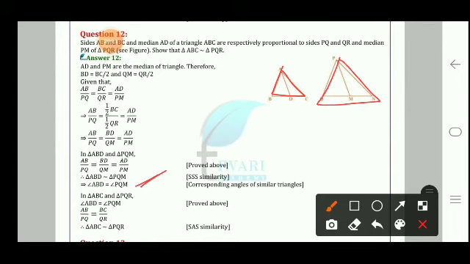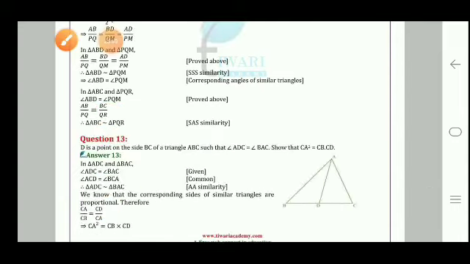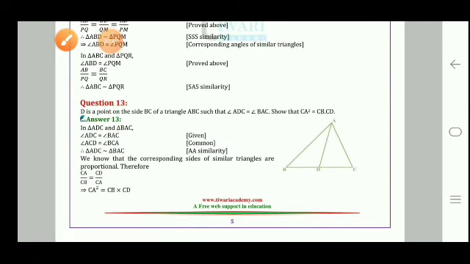We can easily write here that AB over PQ is equal to BC over QR. This is given, and angle B is equal to angle Q. This is proved above. So by SAS criteria both the triangles are similar, that is triangle ABC is similar to triangle PQR.